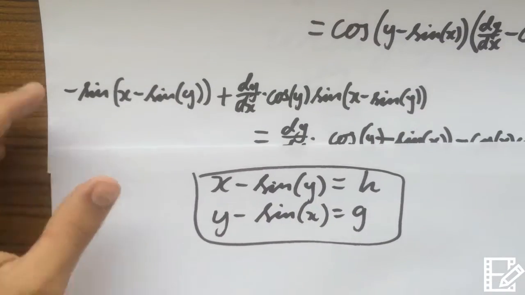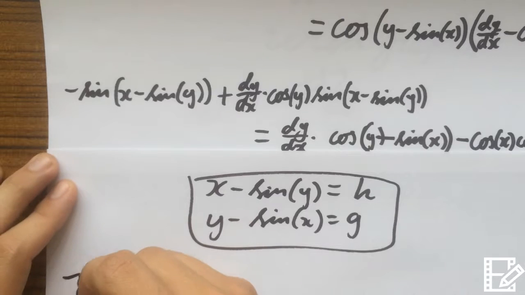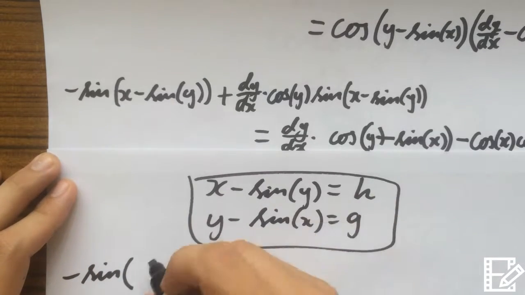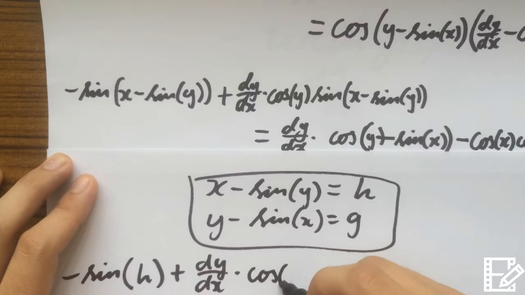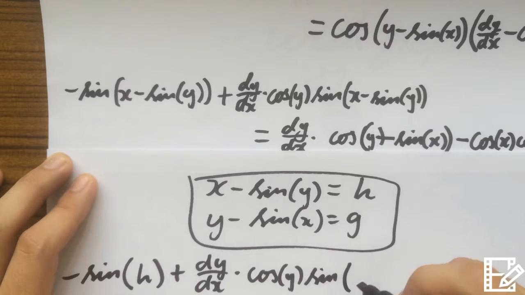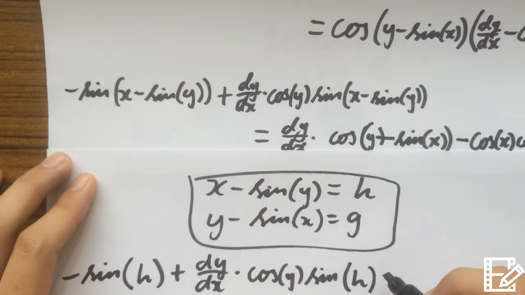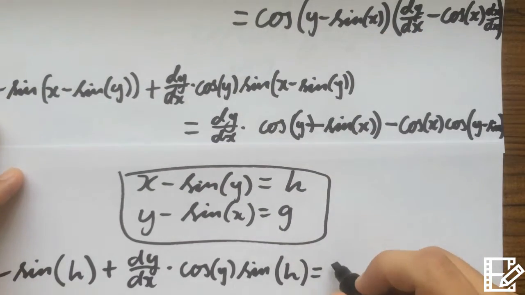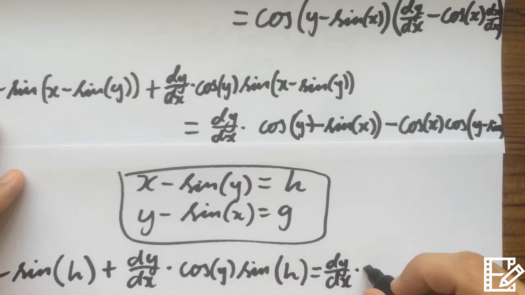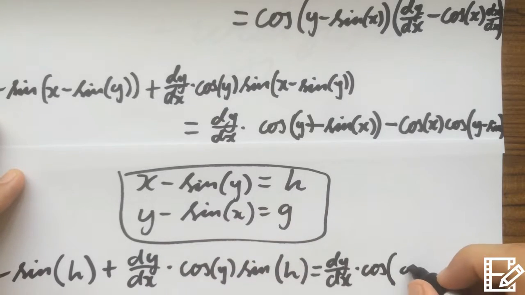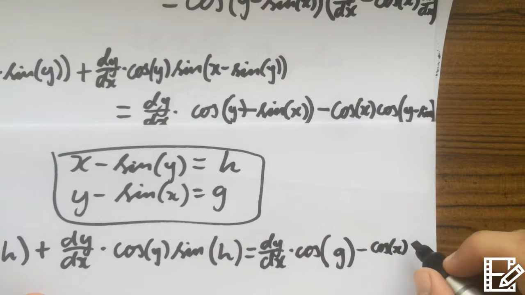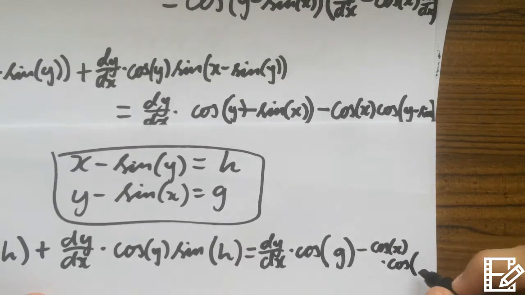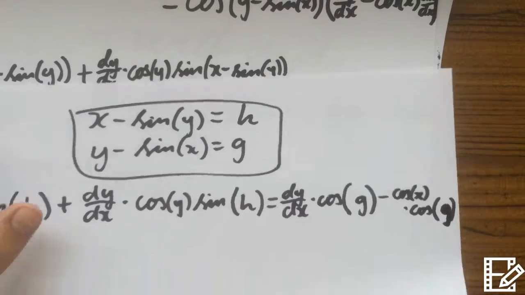So negative sine h plus the derivative with respect to x multiplied by cos y multiplied by sine of x minus y, which is h, equals the derivative multiplied by cos of g minus cos x multiplied by cos y sine x, which is g.